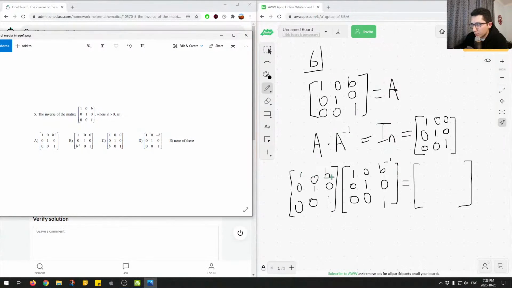So we say row 1 times 1 is just 1, plus 0 times 0 is just 0, plus b times 0, which is just 0. So it would be 1 times 1 plus 0 times 0 plus b times 0. And we know the first term is just 1. So we write 1.